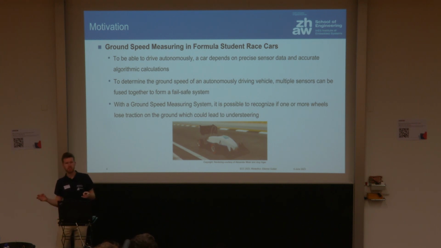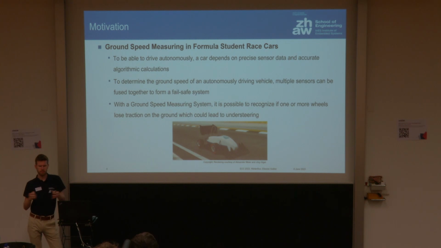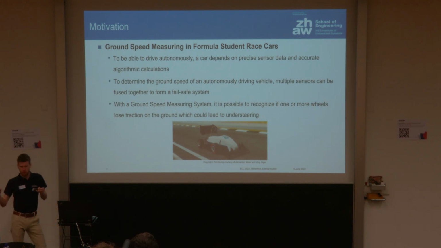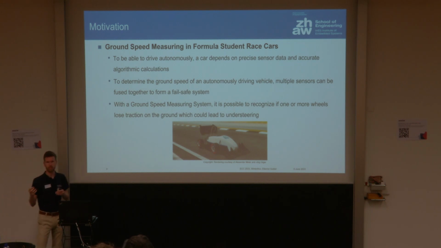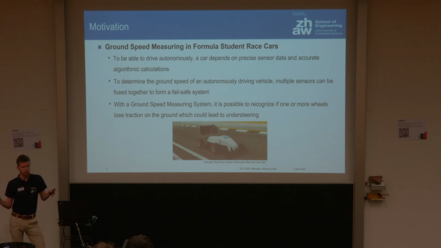We can do this, as I mentioned, with the help of lots of different sensors. What we wanted to do was take a few sensors, at least two, and combine the inputs from those sensors into one more accurate, improved signal for the velocity of the car. This idea is called sensor fusion. It's not new, but we wanted to develop it for our race car.